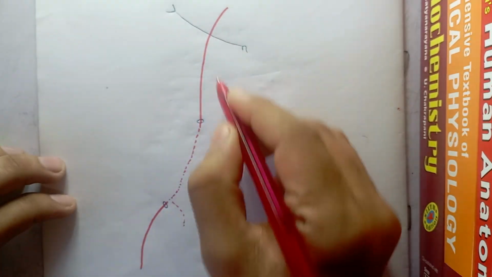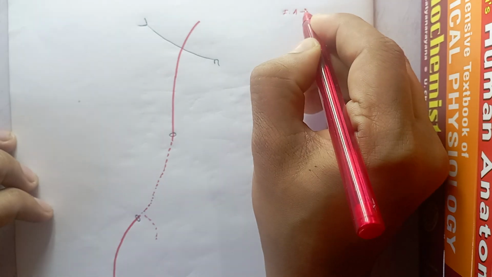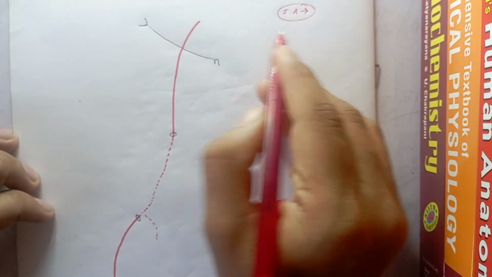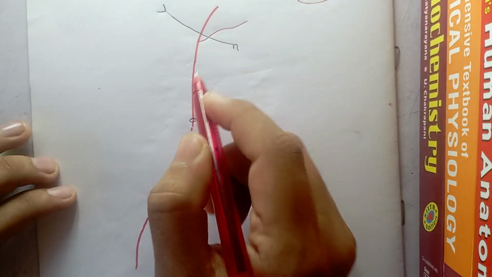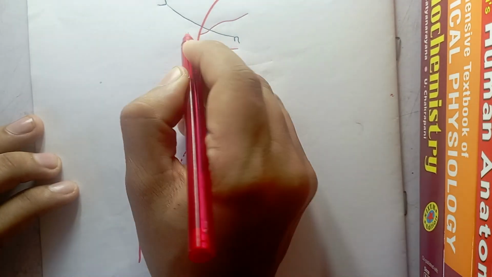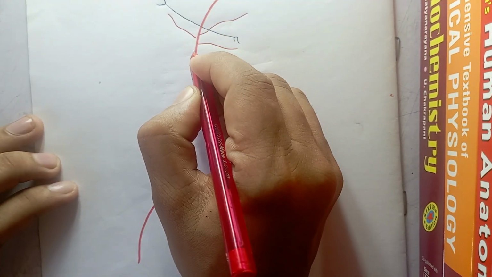In this branch, the femoral artery actually has a few branches. I'll first finish the drawing and write the names later. Okay, so one branch, two branch, and then three branch, and these are the superficial branches.